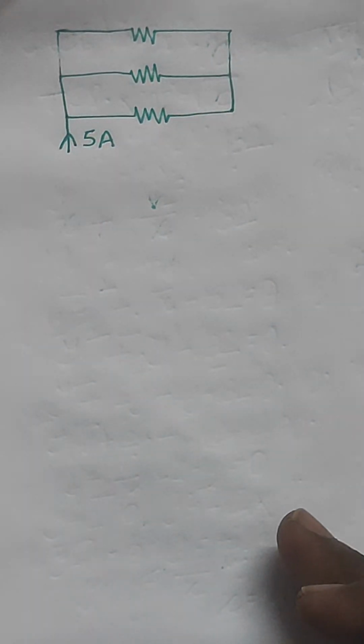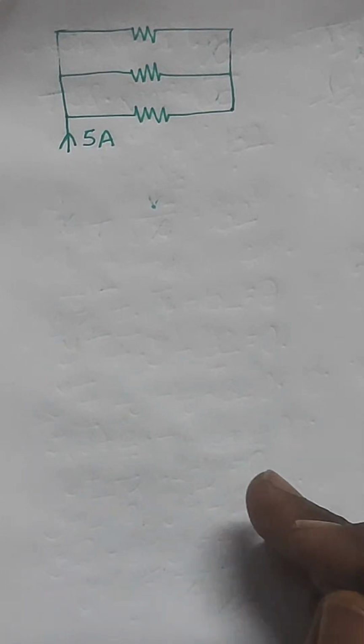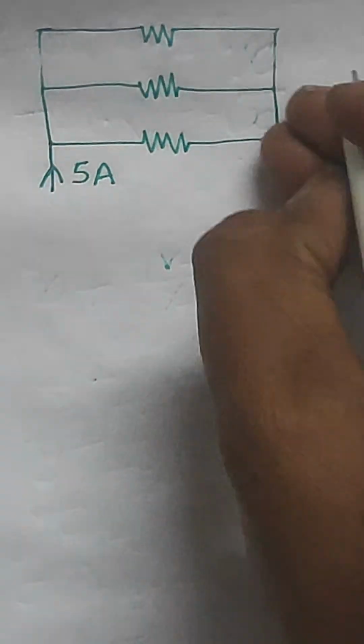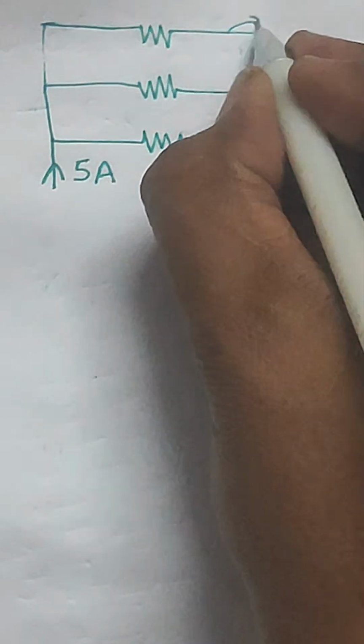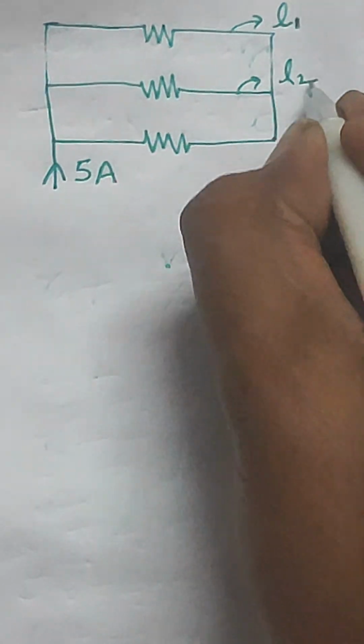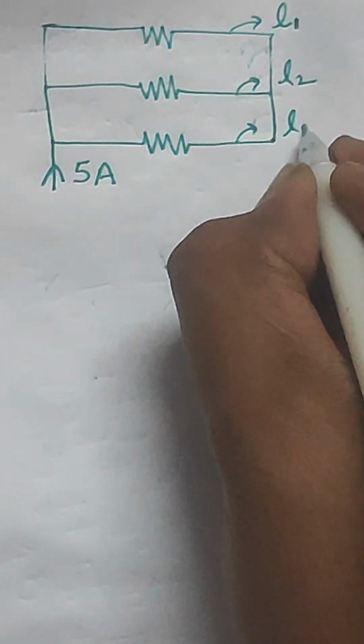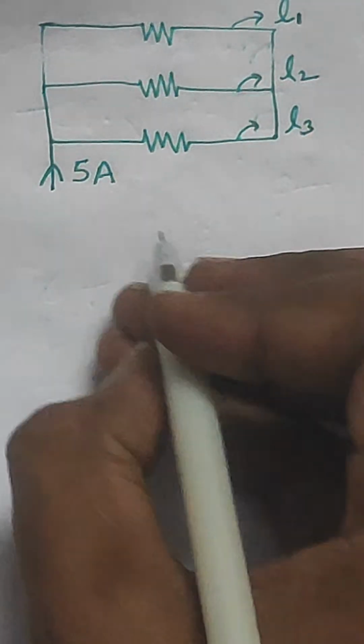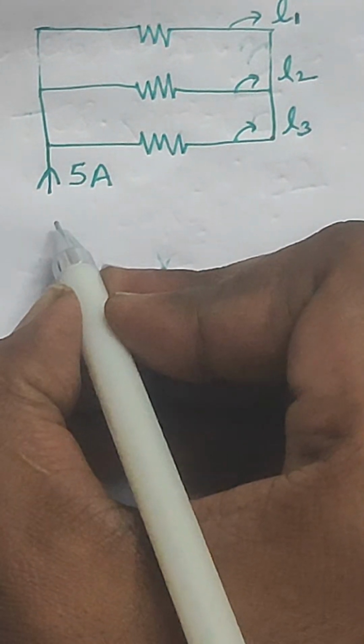And it's given that the lengths of the wire in the three branches are in the ratio 2 is to 3 is to 4. So here the lengths of the wire are, if this is L1, this is L2, and this is L3, the length of the wire is given to you in the ratio.